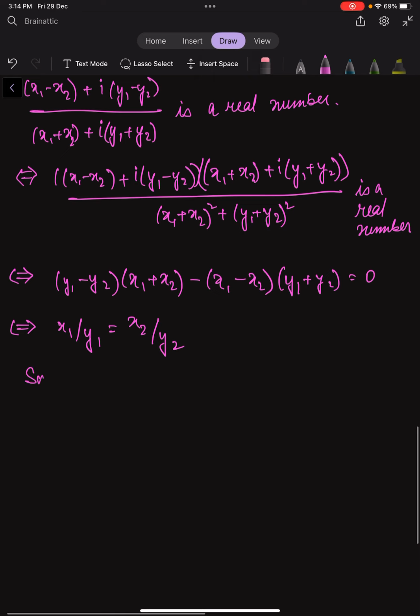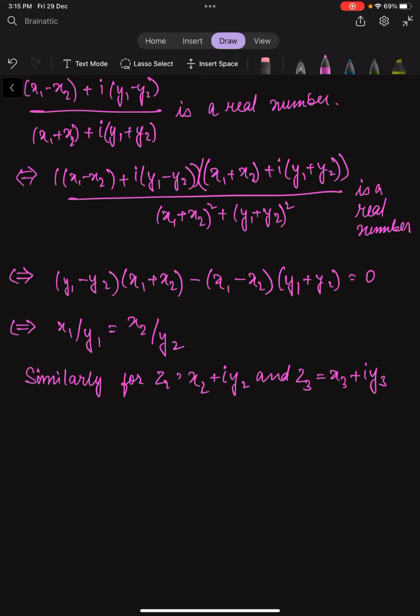Similarly, if we do the same exercise for Z2 equal to x2 plus iota y2 and Z3 equal to x3 plus iota y3, then Z2 relates to Z3 if and only if x2 by y2 is equal to x3 by y3.